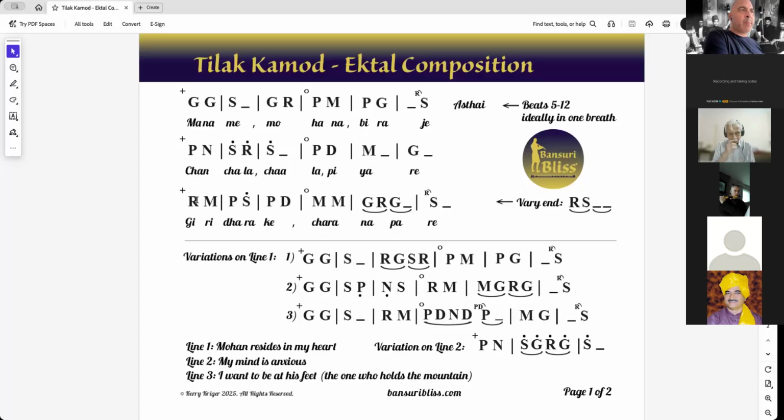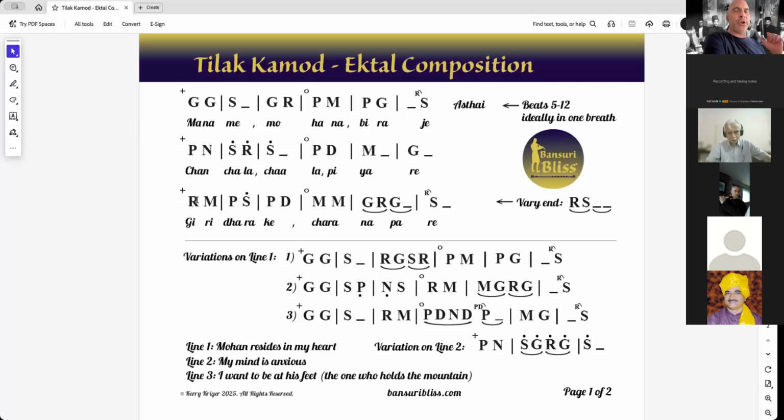The simplest type of ornament is called a gamak. A gamak is comprised of how many notes added to the main note? One note. Correct. And I default, probably because Pandit Vijay Raghav Rao always taught me, he didn't say explicitly that gamak should always come from above, but they just generally always do.